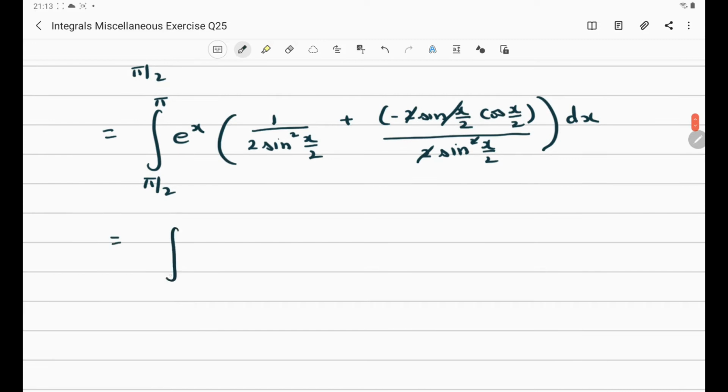So we get this as integral from pi by 2 to pi of e to the power of x times half of 1 by sin square x by 2, which is cosecant squared x by 2, plus minus cos x by 2 by sin x by 2, which is minus cot x by 2.